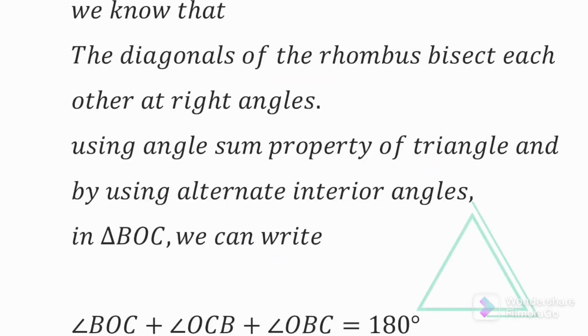Now we know that the diagonals of a rhombus bisect each other at right angles. Using the angle sum property of a triangle in triangle BOC, we can write angle BOC plus angle OCB plus angle OBC is equal to 180 degrees.